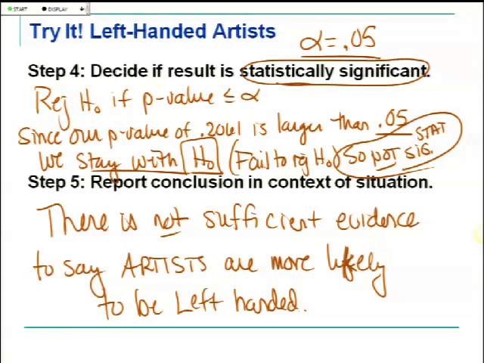Not enough evidence to support that theory. Two possible conclusions: we either have enough evidence to say what we wanted to say, or we didn't. There's our first full example.